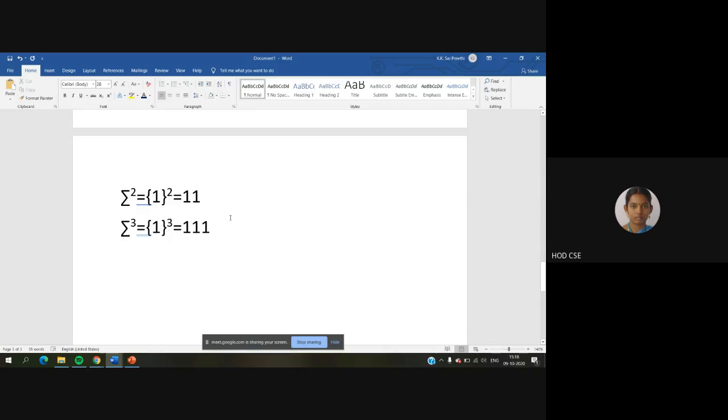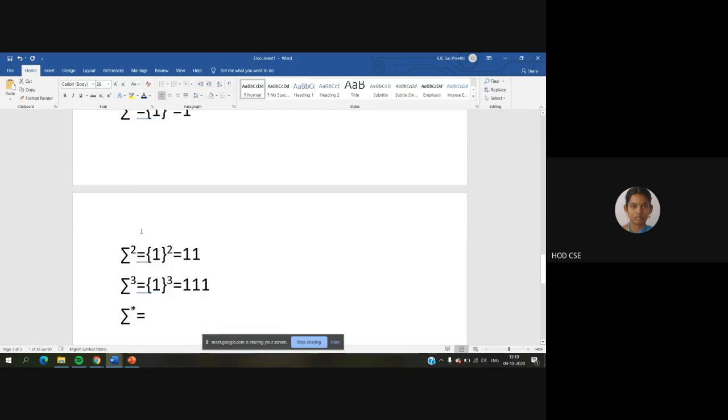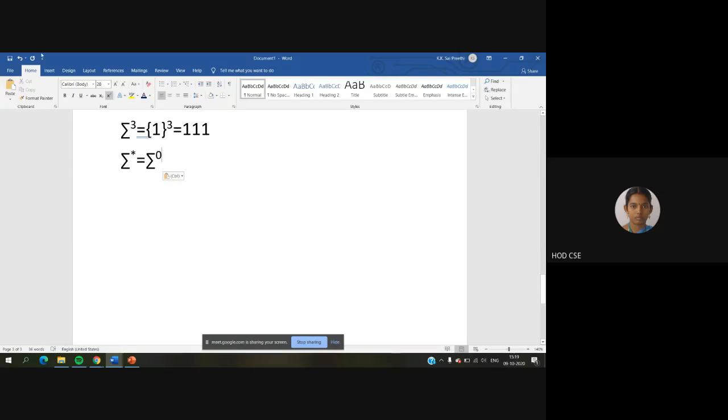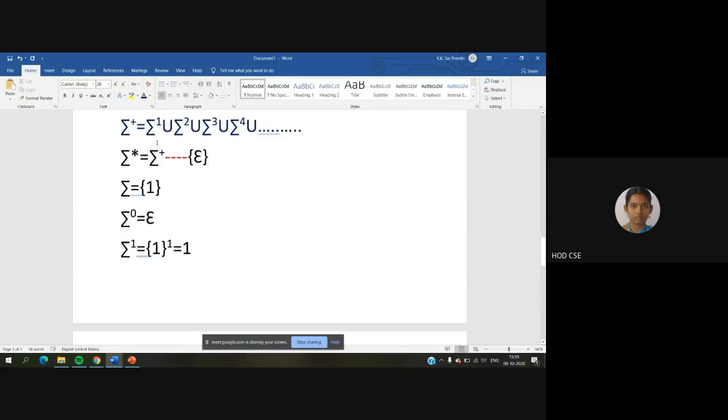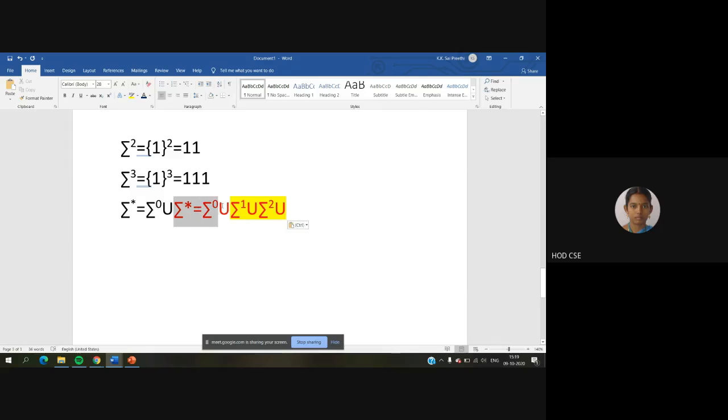So now I'm writing sigma closure. Sigma closure is the union of sigma power 0, sigma power 1, sigma power 2, and sigma power 3, and so on.